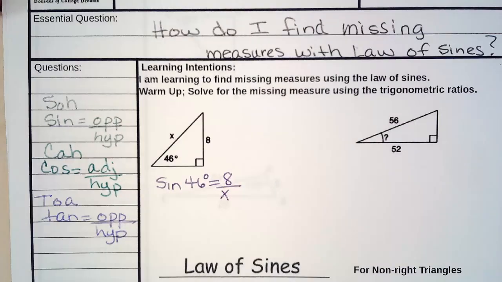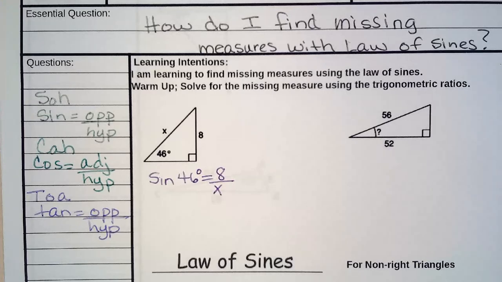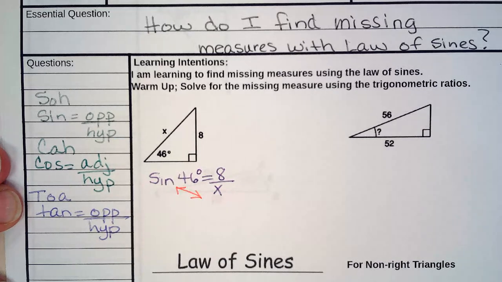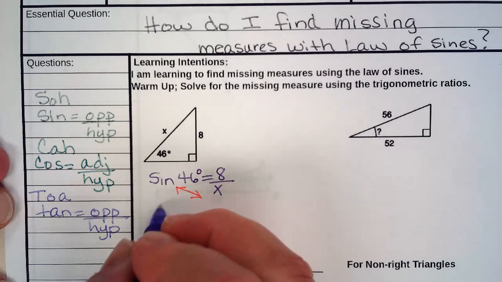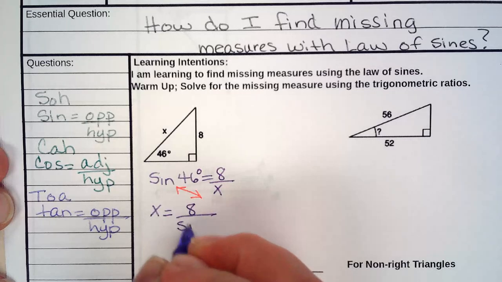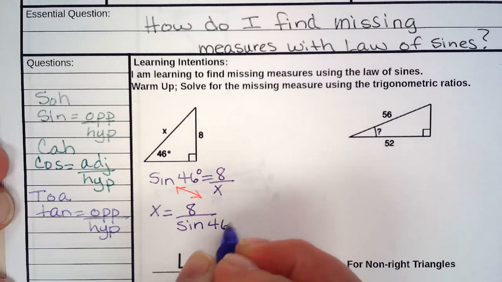What do we do when our variable's at the bottom? Remember that flip-flop? We flip them around. X is equal to 8 divided by the sine of 46 degrees.